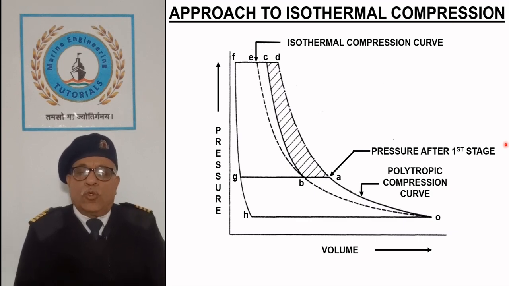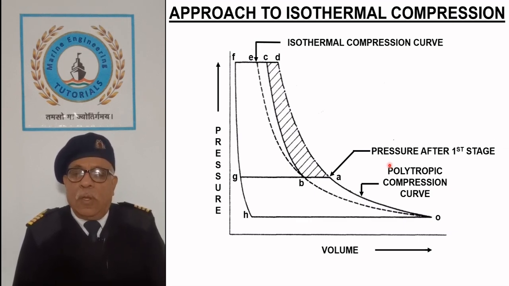In order to approach the isothermal compression, air is compressed in the first stage along the polytropic compression curve OA, and its work is represented by the area OAGHO.